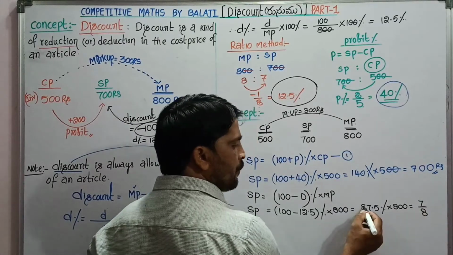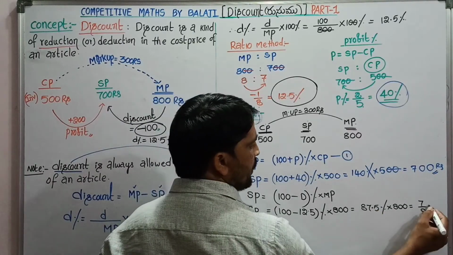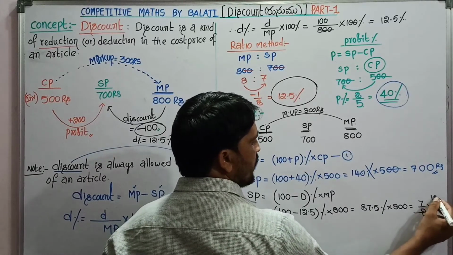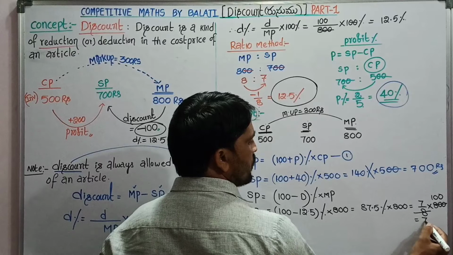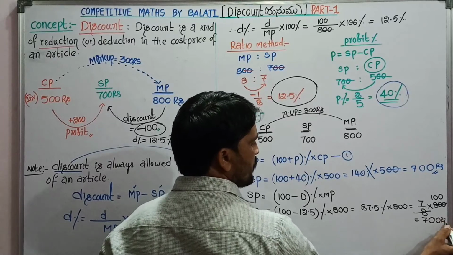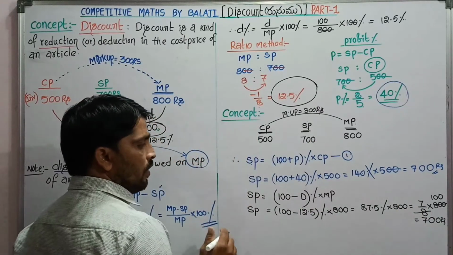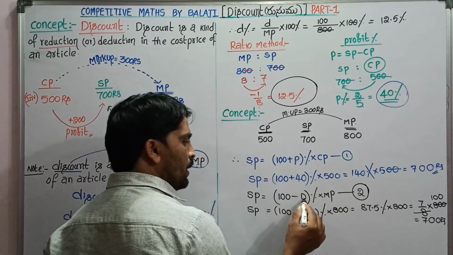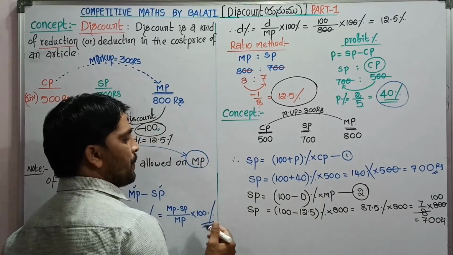The fraction value of 87.5% is 7 by 8 into 800. 8 ones are 800s, which is equal to what? 7 into 100, 700 rupees. That is SP. So, SP is equal to 100 minus D percent of MP.